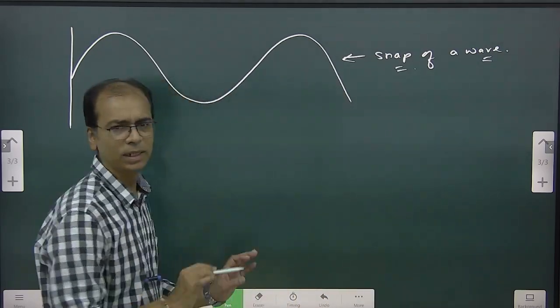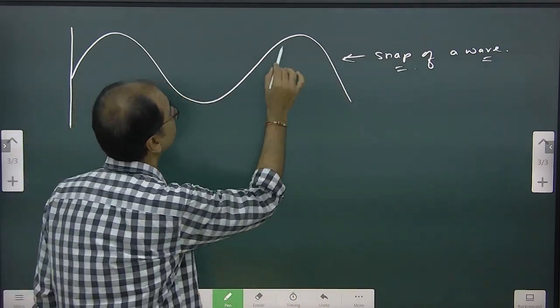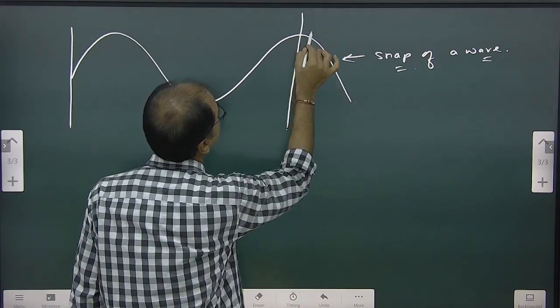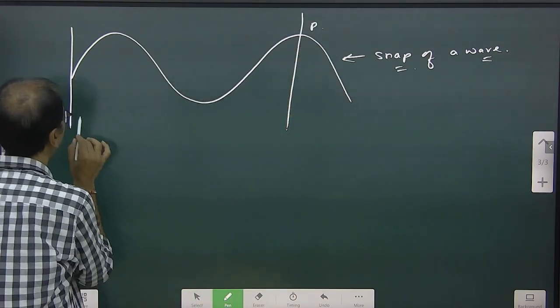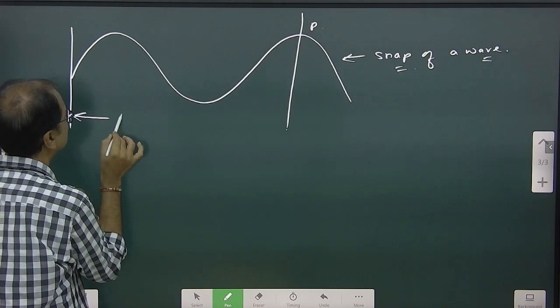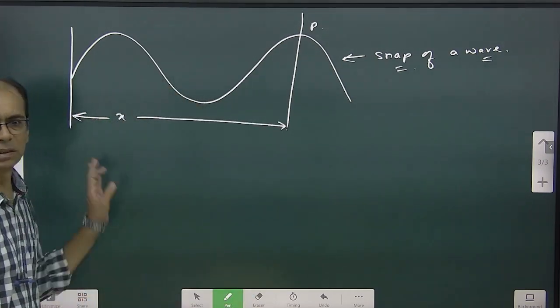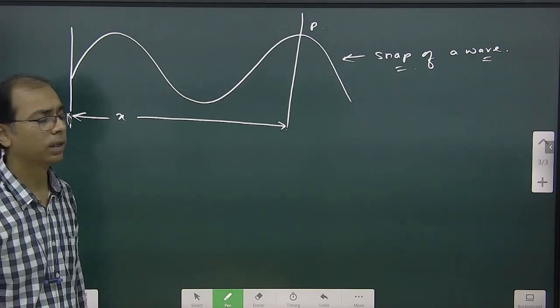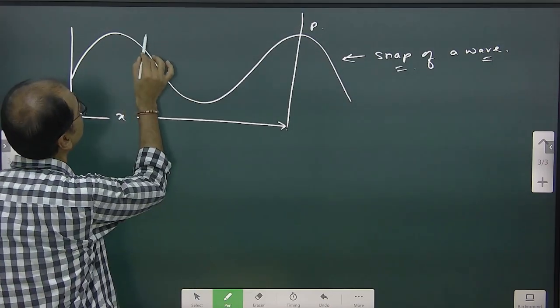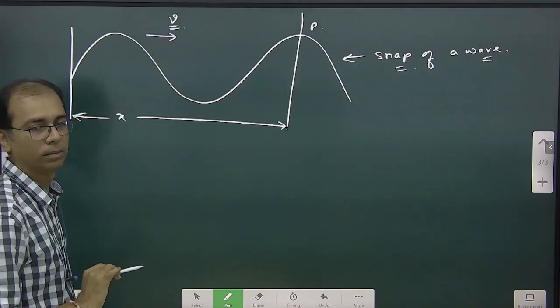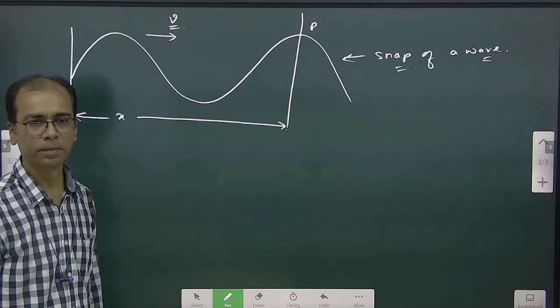Okay, this is at any time t. So suppose I am going over here at this point, and this is my point P, let's say. Okay, and this distance I am considering as x, and speed of the wave I am considering as v. Okay, fine.